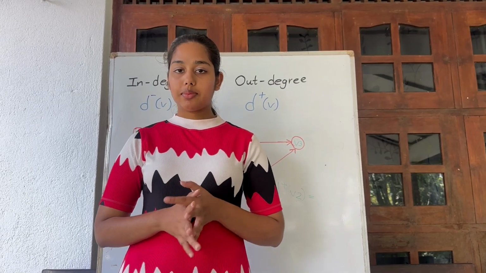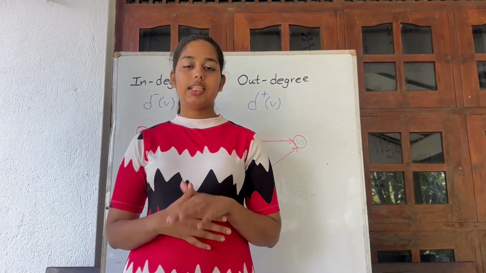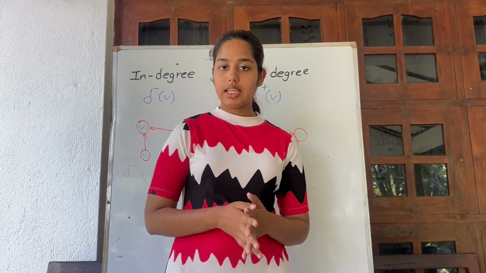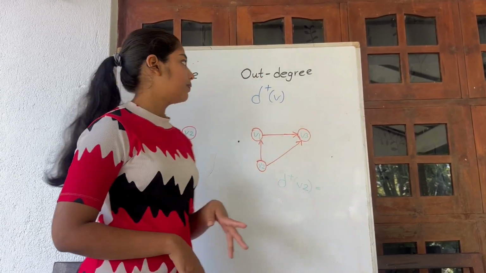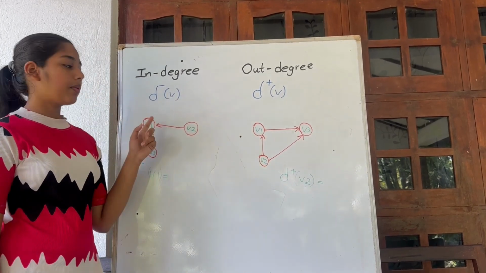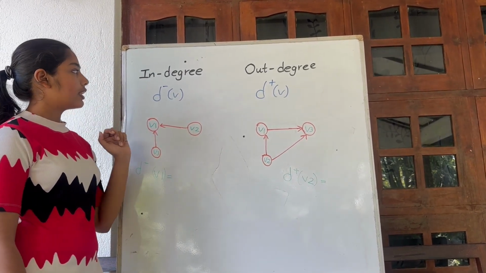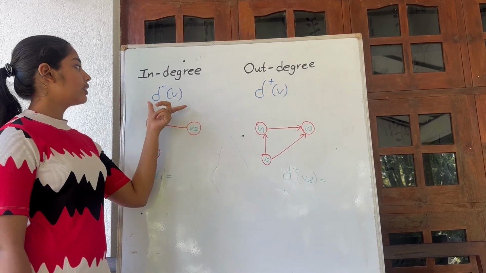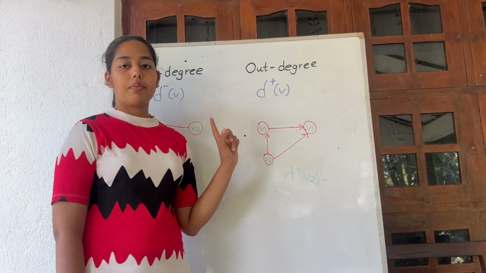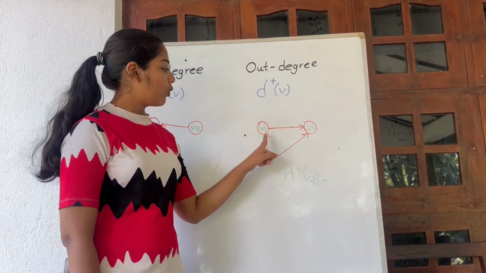We have two types of degrees, in degree and out degree. These two types are only used in directed graphs. In degree means the number of incoming edges. The symbol of in degree is this, and out degree means the number of outgoing edges.